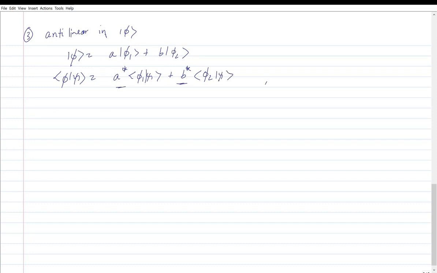So, for example, if phi is a phi 1 plus b phi 2, then the inner product with another vector is antilinear. The coefficients come as complex conjugates.